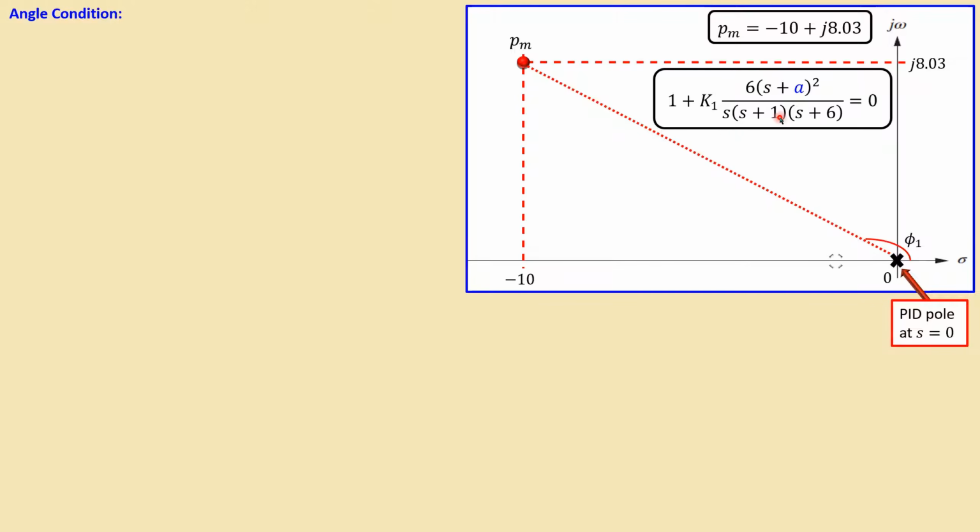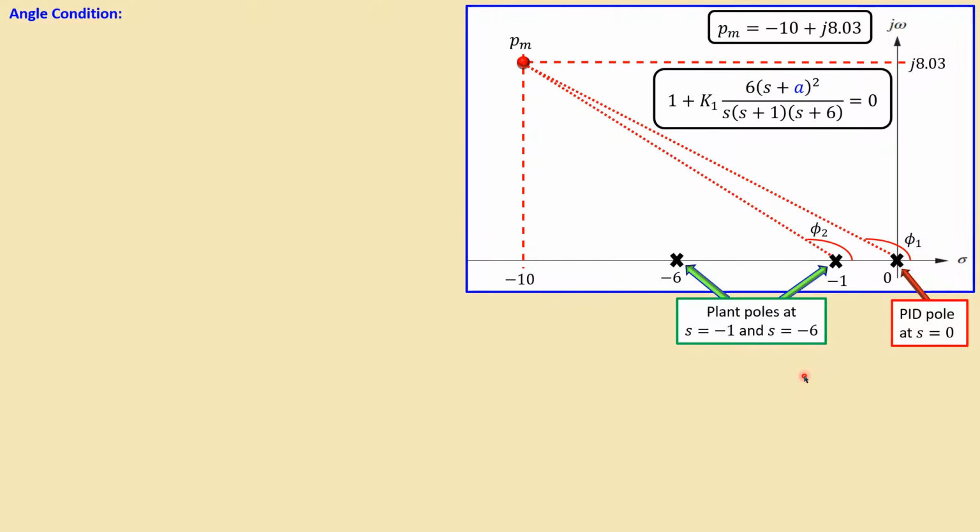We have also the phase contribution by the pole at minus 1, and this will also make an angle using this formation. We have also the pole at minus 6, and these two are the plant poles, from our open loop system or our plant. This will also make an angle, which is called phi 3.